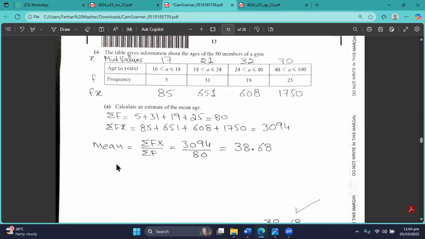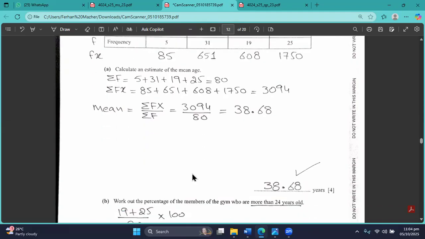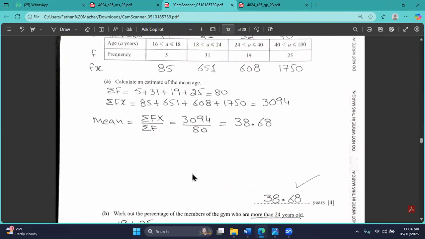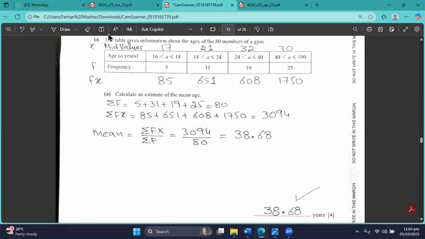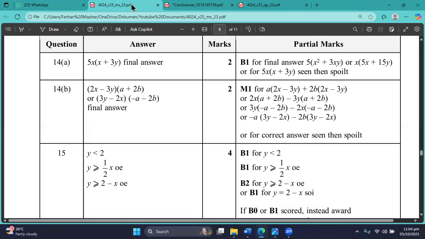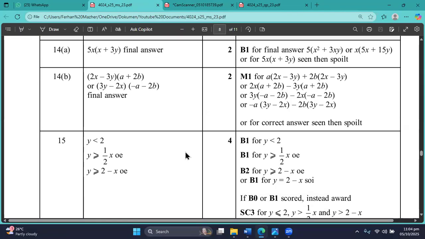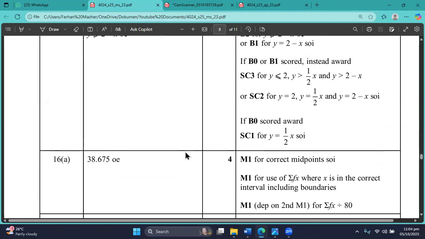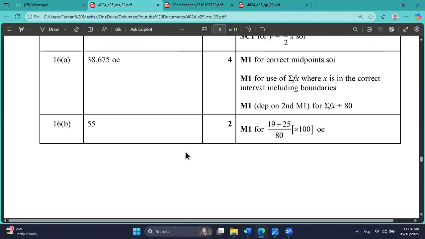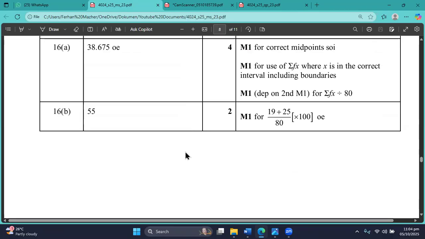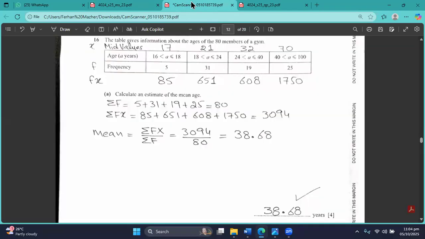So that is 3094 divided by 80, which is 38.68. That is how you find the mean. So this is question 16 part A. The answer is showing up on your screen. Our answer is right.